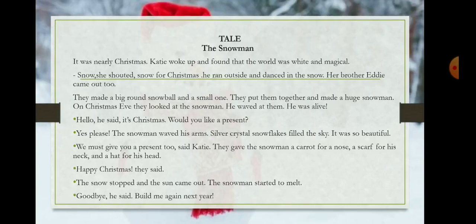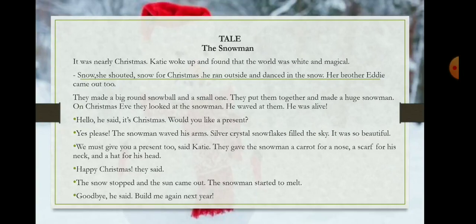They gave, they gave the snowman a carrot for a nose, a scarf for his neck, and a hat for his head. Happy Christmas, they said. The snow stopped and the sun came out. The snowman started to melt. Goodbye, he said. Put me again the next year.